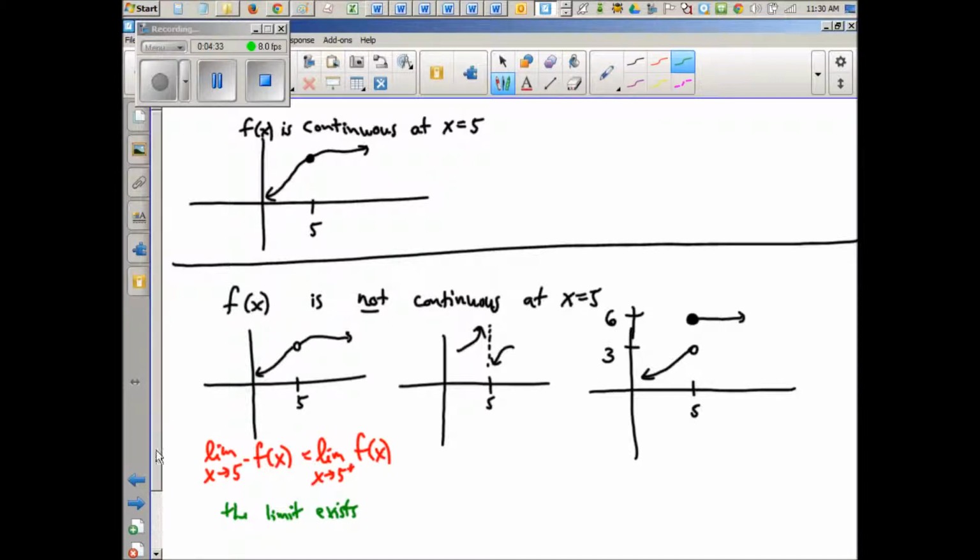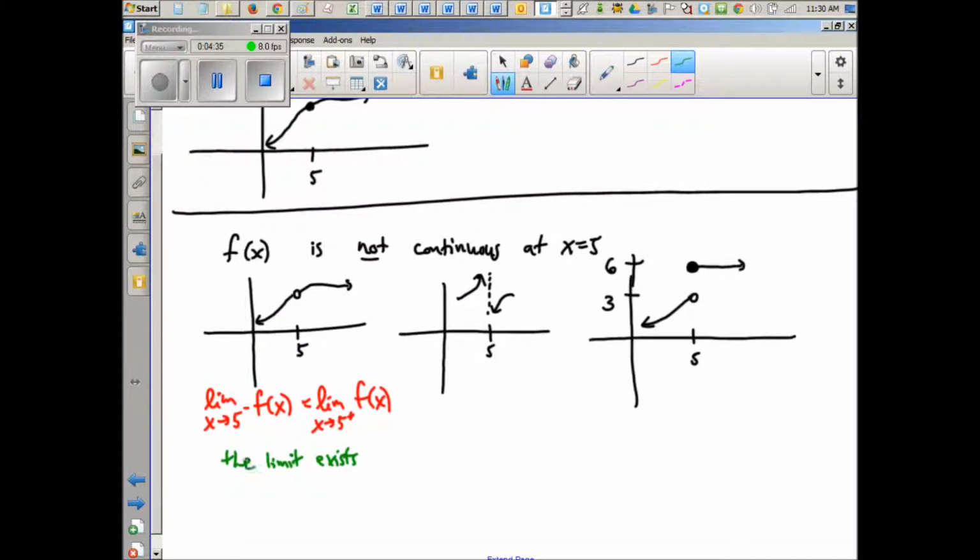Remember that? Okay. So some of you just sit there and stare at the walls, and you're never going to reproduce this stuff if you don't at least write it once. The limit exists at x equals 5. But that doesn't make it continuous, see? It's not continuous because even though the destinations of the curves are both approaching the same y coordinate from either side, the function itself is not defined at 5.